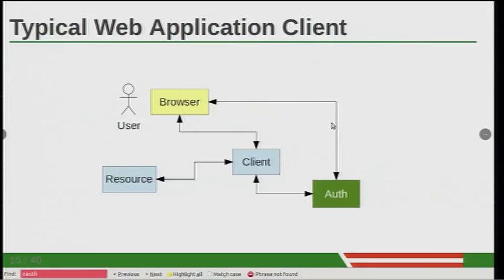There's a picture of it. That's what just happened, right? So I had a user, that was me, my browser, Firefox, went to the client application and wanted to access a private protected resource. The client sent me a redirect to the authorization server, which is the green one, auth.